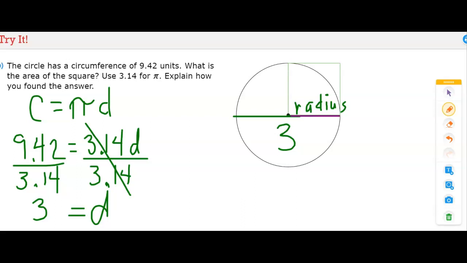So half of 3 is 1 1/2, which as a decimal is 1.5. The area of a square is base times height. So 1.5 times 1.5 is equal to 2.25, which will be the area of the square.